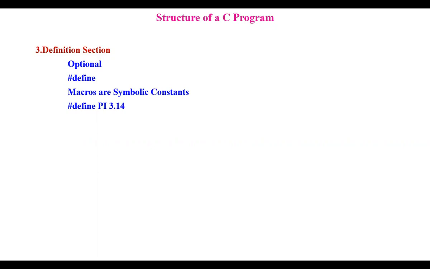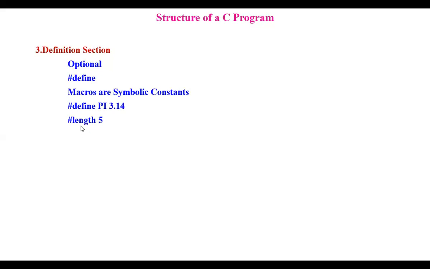Suppose if I define pi as 3.1, every time you use pi, it takes only 3.1. Here I have defined it as 3.14. So every time I use pi, it will be utilizing 3.14.